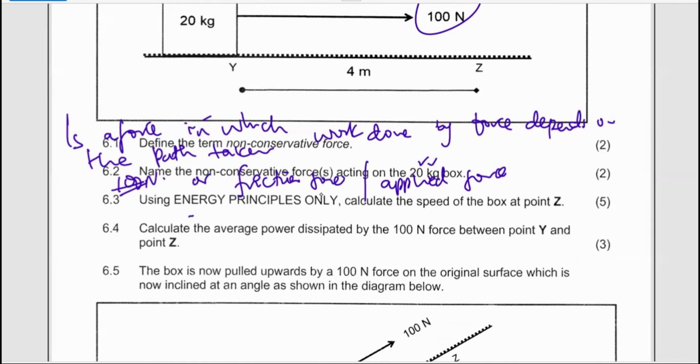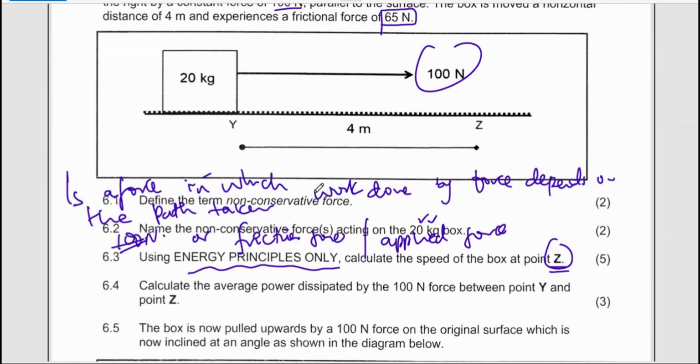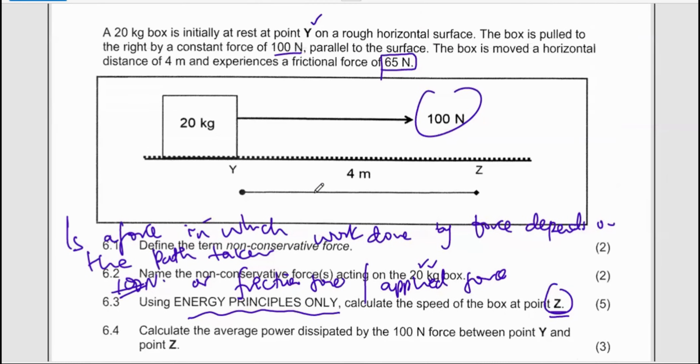6.3, using energy principles only, can we determine the speed of the box at Z? Now, I know that the net work done is equivalent to the change in kinetic energy.